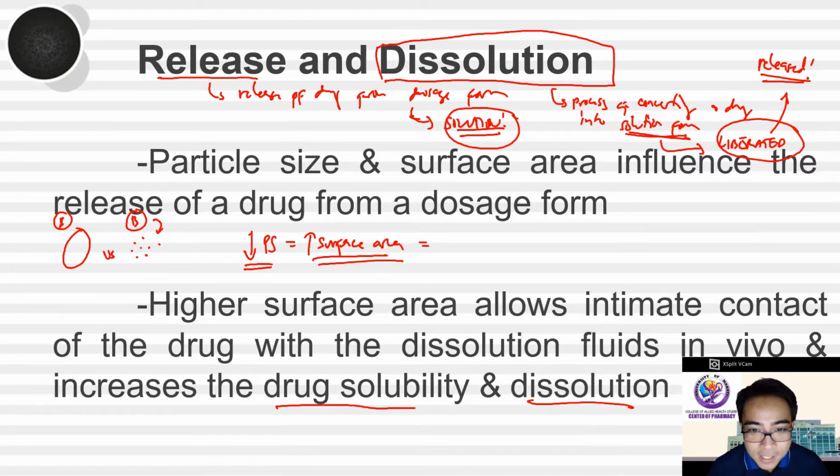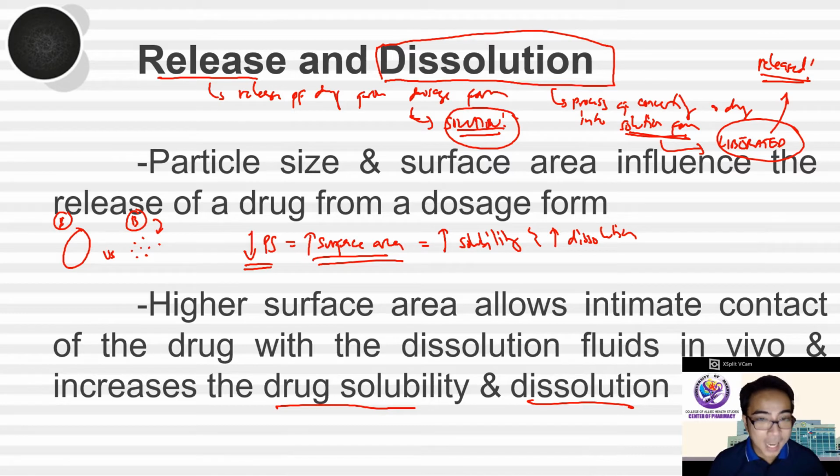It causes an increase in solubility and therefore increase in dissolution. So the smaller the particle size, class, ano expected natin sa dissolution rate niya? Mas mabilis. Mas mabilis siya maging solution. Kasi pag maliit ang particle size, malaki ang surface area. Pag malaki ang surface area ng isang particle, mas mabilis siya mabasa. So, therefore, mas mabilis siya mag-turn into solution.